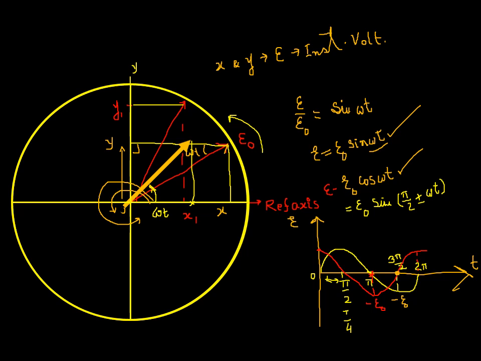Now x is called the cosine function and y is called the sine function, both instantaneous values. At different positions the value of current will be different, and depending on the phase, which is changing, those phases are omega t, then pi plus omega t or 2 pi plus omega t. That way it keeps changing, and for that you can see the graphical pattern shown below.